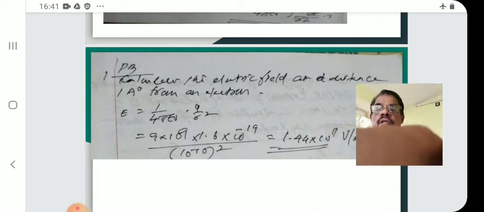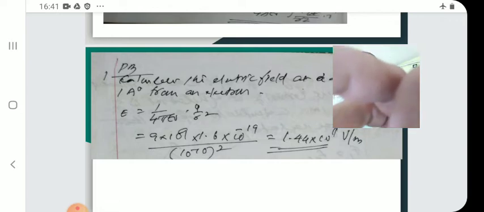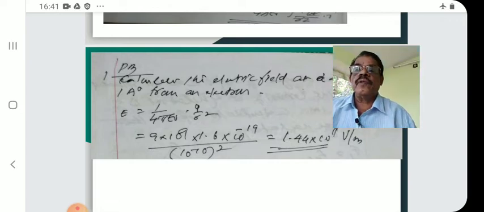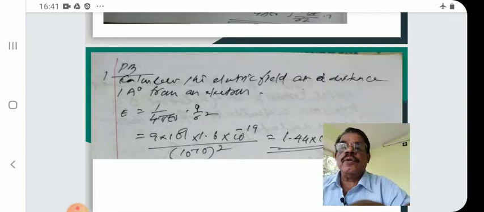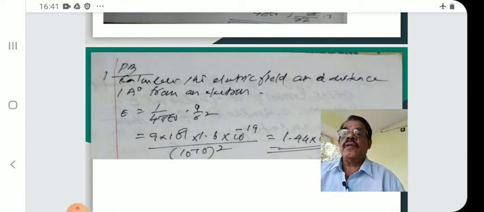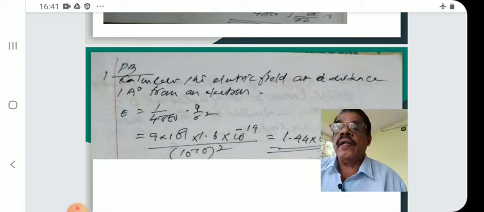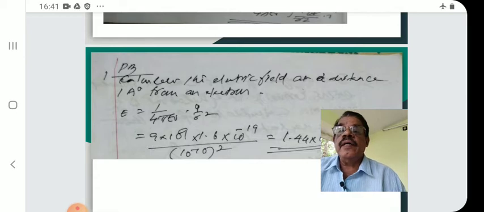Some problems in electric field. The first problem is a monopole field problem, very simple. And it is written here, problem number 1. Calculate the electric field at a distance of 1 angstrom from an electron.